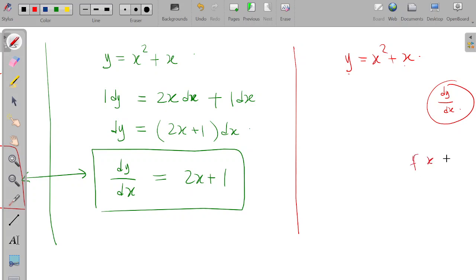If x is a function of y, then anytime I derive x, I'm going to be multiplying by dx over dy. Please take note of that.